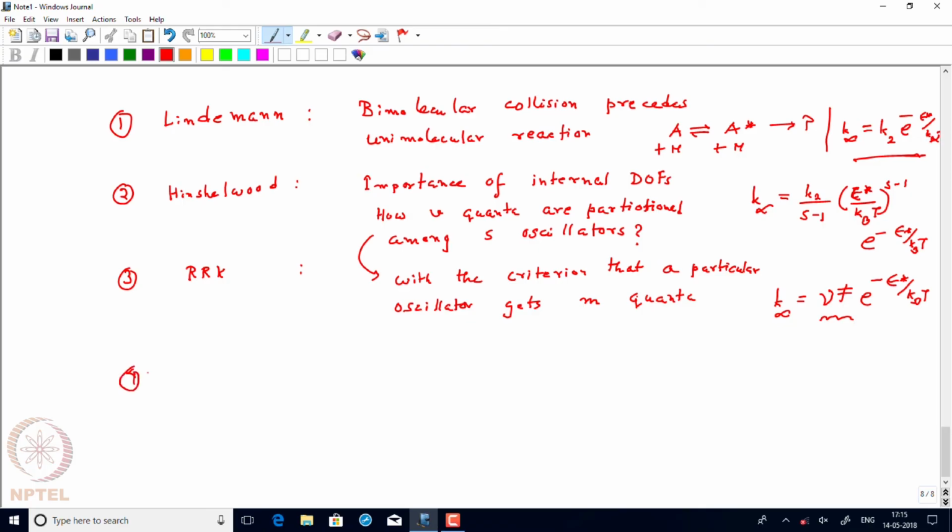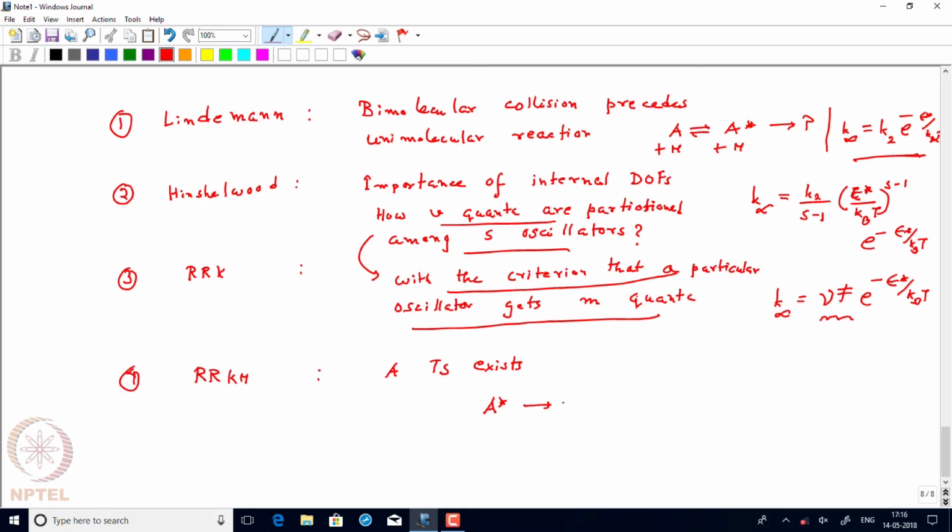And then the fourth thing was RRKM, which said that a transition state exists between the S star, which are giving reaction and have not only v quanta in s degrees of freedom but also m quanta in that particular reactive degree of freedom. Those S stars, when undergoing reaction, go via a transition state, and that gives you the product.